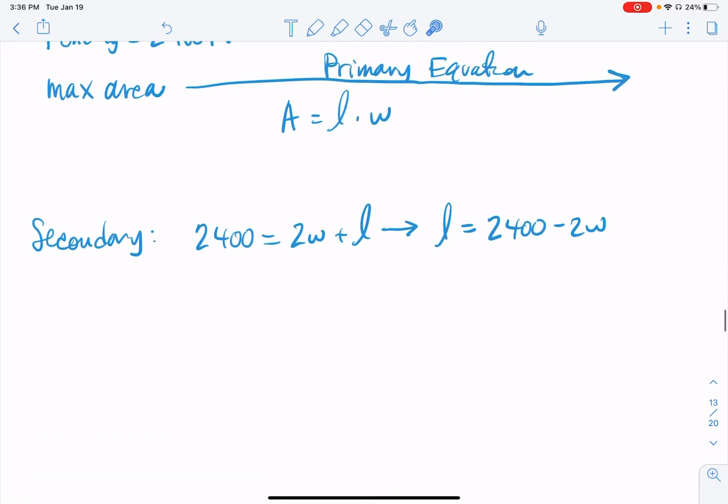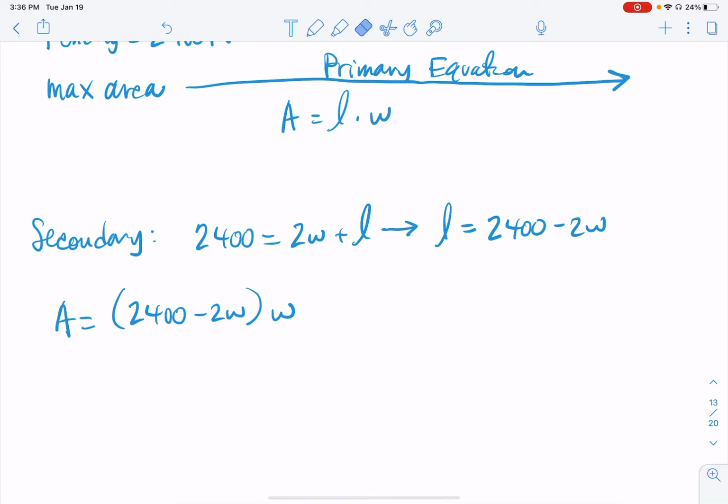All right, so here our area equation is equal to parentheses 2,400 minus 2W times another W. Wow, that's fairly simple. It's another polynomial equation, and it looks like it's going to be quadratic.